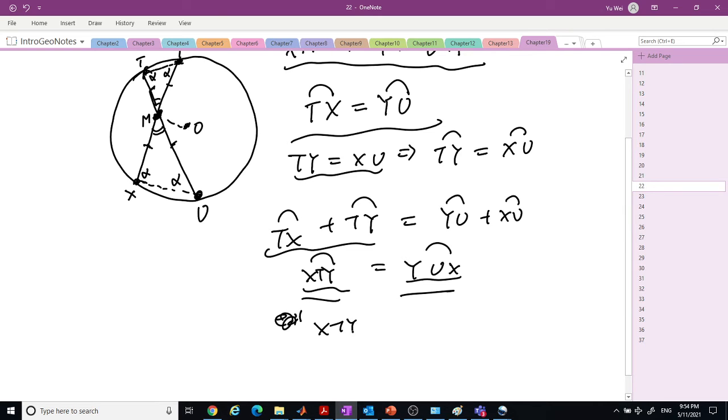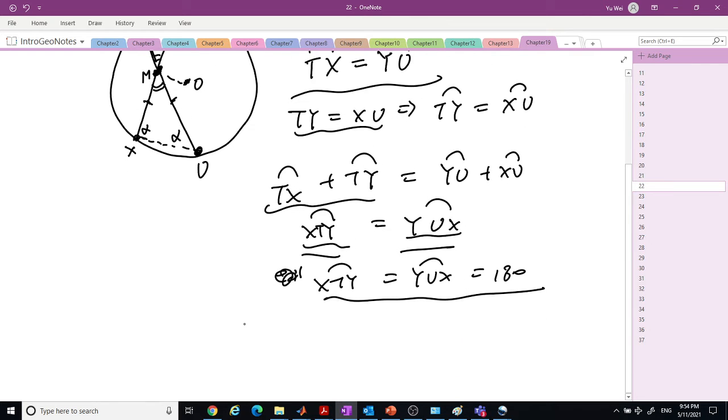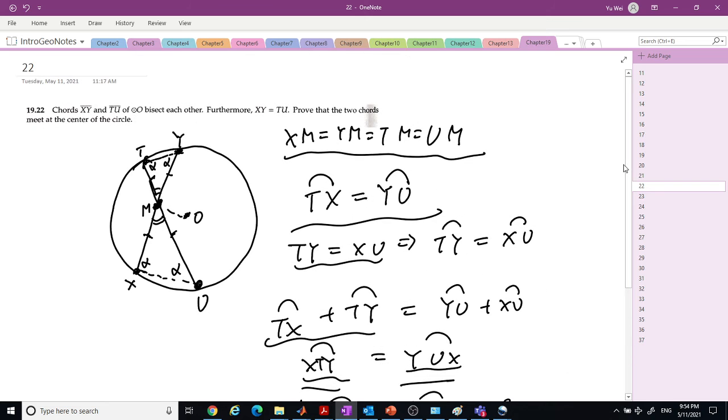So xty equals yux equals half circle, equals 180. So that's why xy and tu must be diameters. Okay, then we prove it. They must be the diameters of the circle. They intersect at the center.